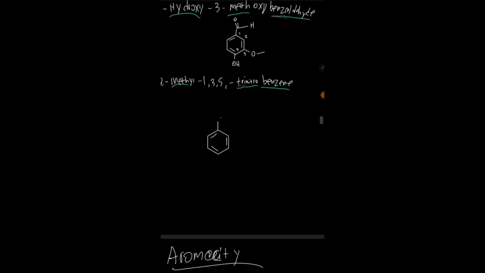So we have NO2. Let's number this. It's good practice, especially when structures get more complicated, to number your compounds. 1, 2, 3, 4, 5.